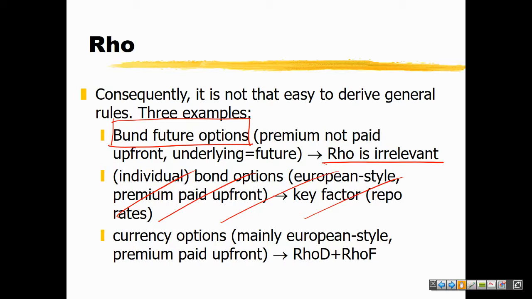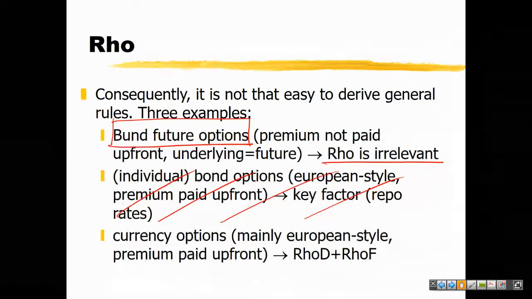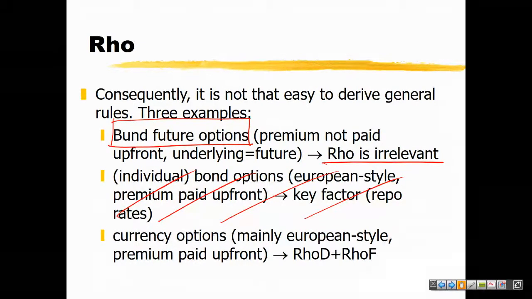For this contract, the risk-free rate does not even enter into the pricing model, so you don't have a Rho. The derivative does not exist, because the variable is not entering into the pricing formula. On the opposite extreme, you have currency options, which are typically European style, typically with the premium paid upfront. And here you have 2 different Rhos, not 1, but even 2.